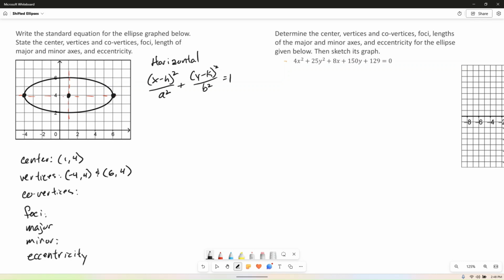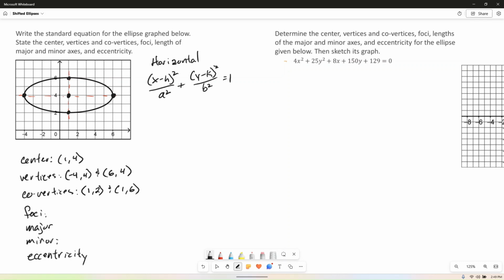The co-vertices are the shortest distance. So in this case, that would be the top and the bottom point of the ellipse. The co-vertices are going to be at (1, 2) and at (1, 6). It doesn't matter which order you list all these points. I usually just list the smaller value first and then the bigger value second.